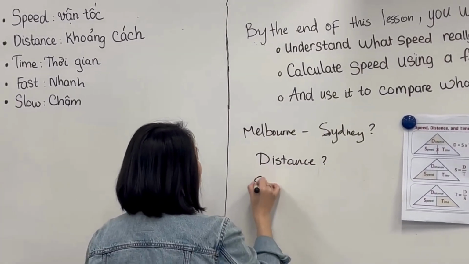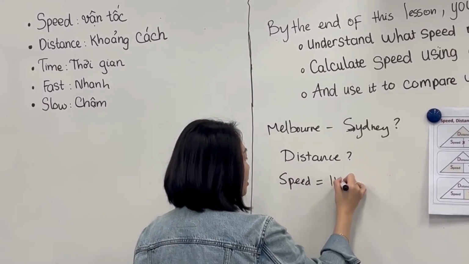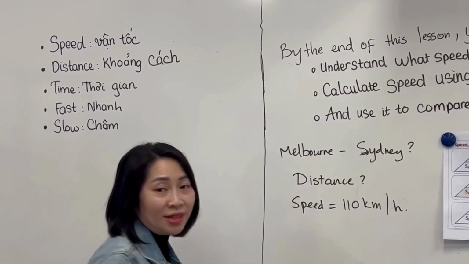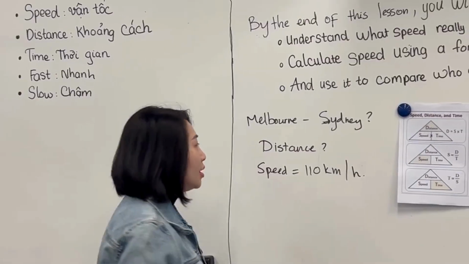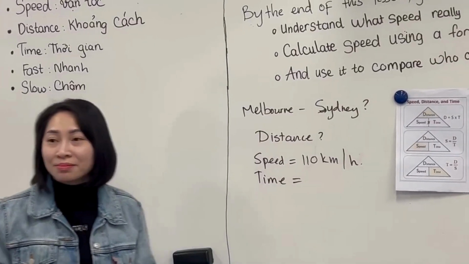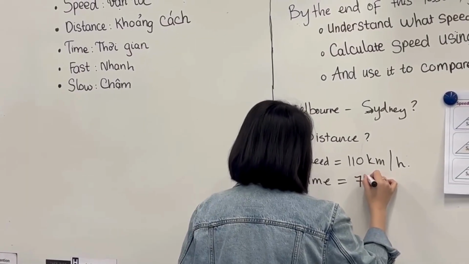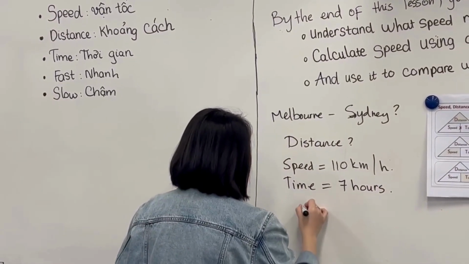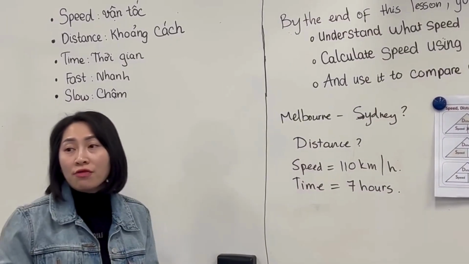We always know the speed on our highway is around 110 kilometers per hour. And for time, give me any time. Maybe around 7 hours. Yes, 7 hours. If you put 7 hours from Melbourne to Sydney, how much distance? How far is it from Melbourne to Sydney?